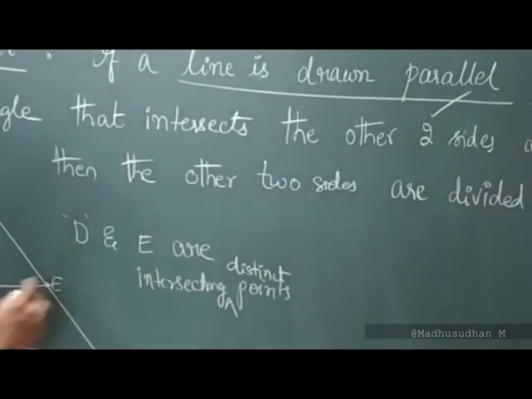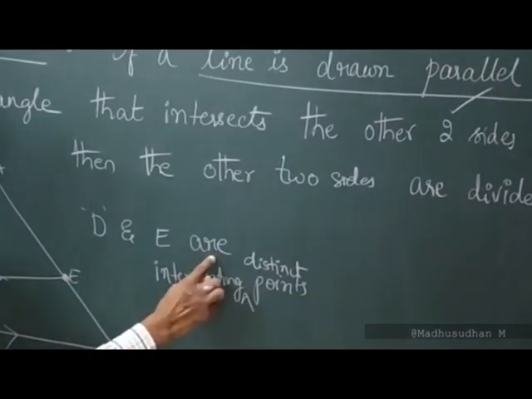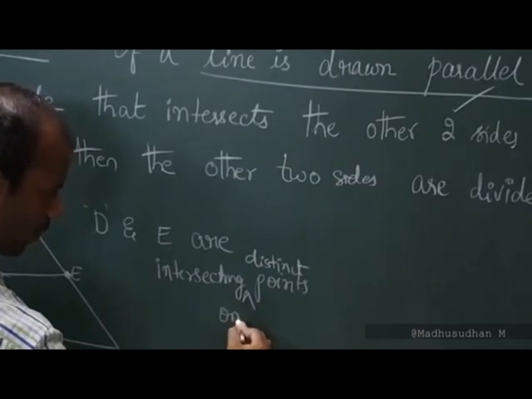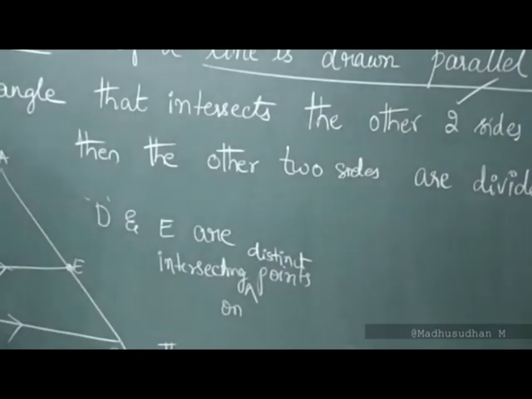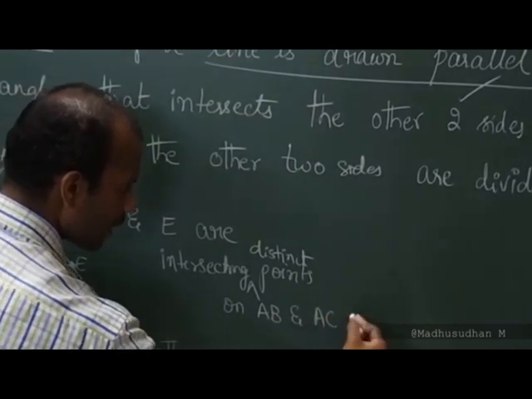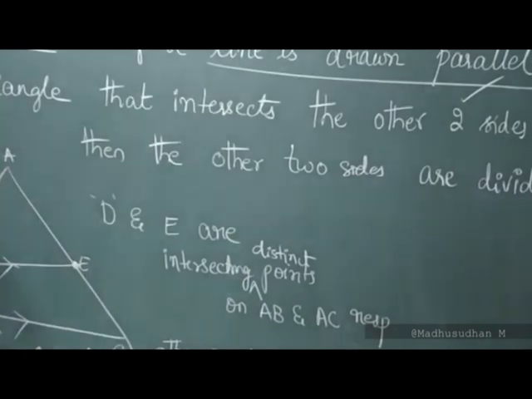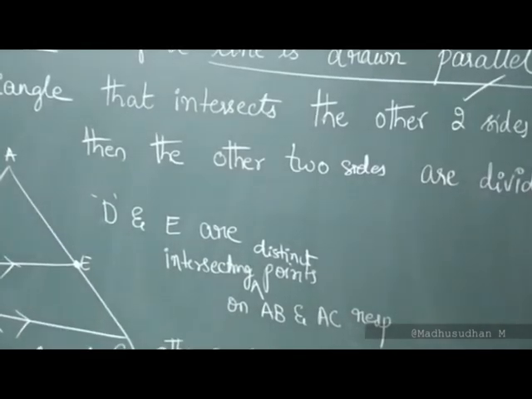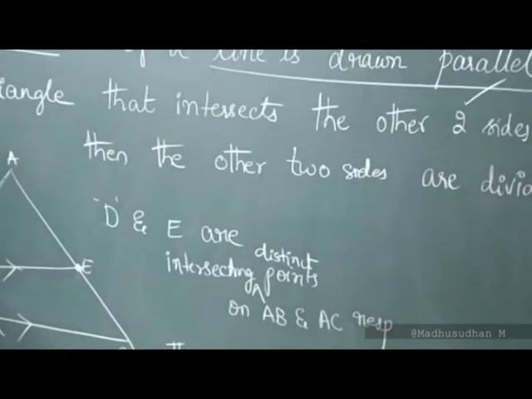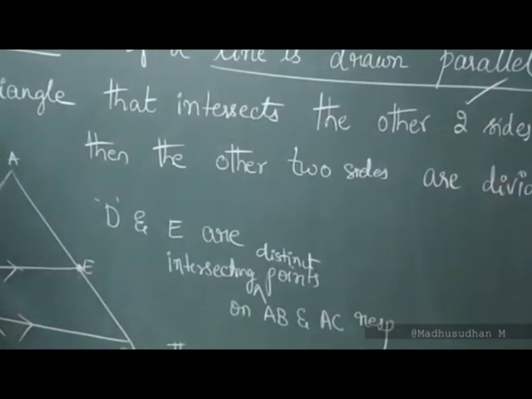D and E. This is D and this is E, intersecting distinct points on AB and AC respectively. Follow, children? On AB there is a distinct point D, on AC there is a distinct point E, and this line is drawn parallel to this one side of triangle ABC.